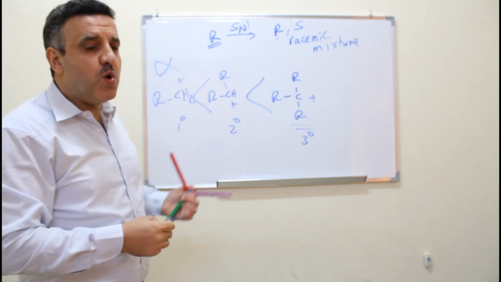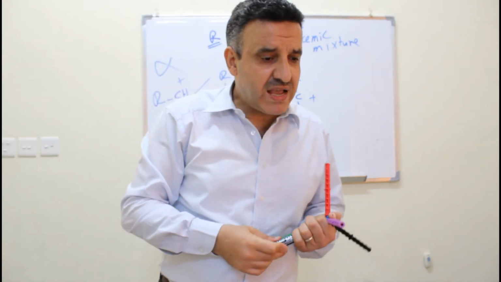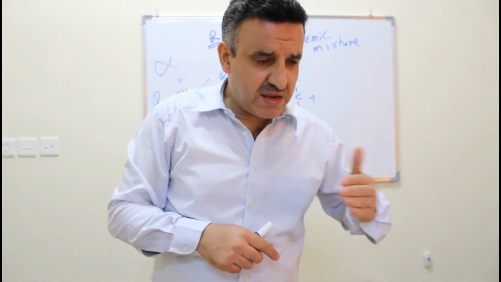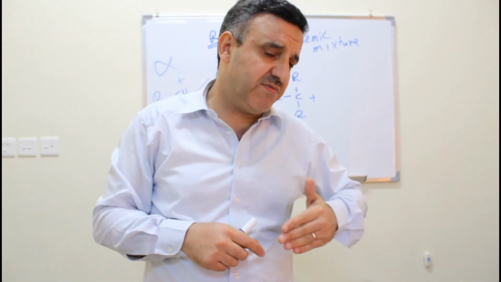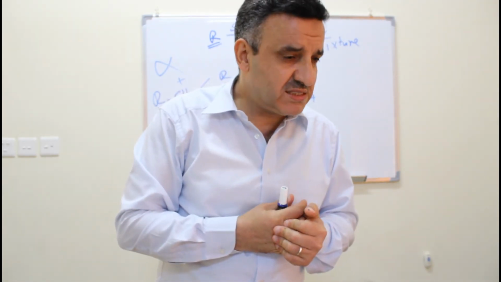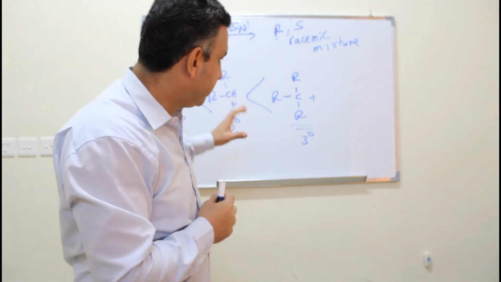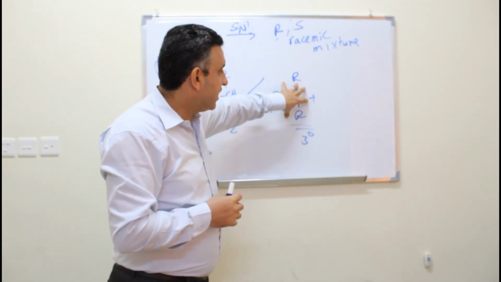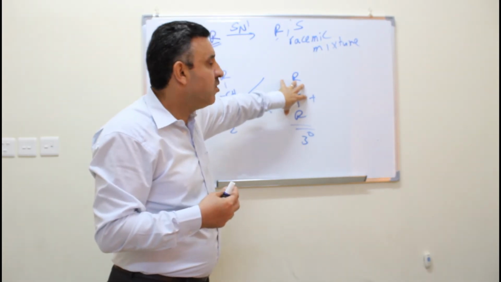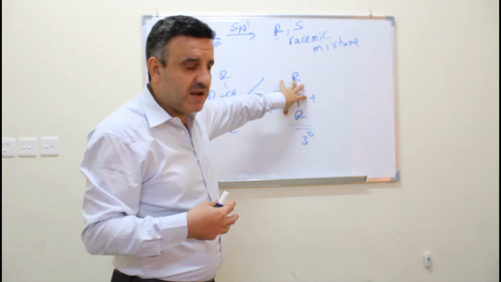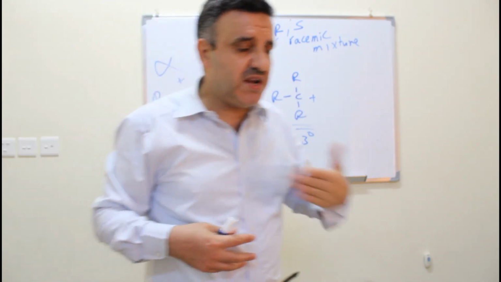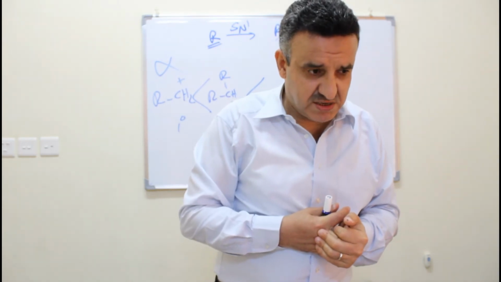Therefore, the primary alkyl halide will most likely never undergo the Sn1 reaction mechanism, because it would form a primary carbocation, which is highly unstable. The tertiary alkyl halide, which forms a tertiary carbocation, is always preferred in Sn1 reactions, but primary alkyl halides and methyl alkyl halides will never undergo Sn1.